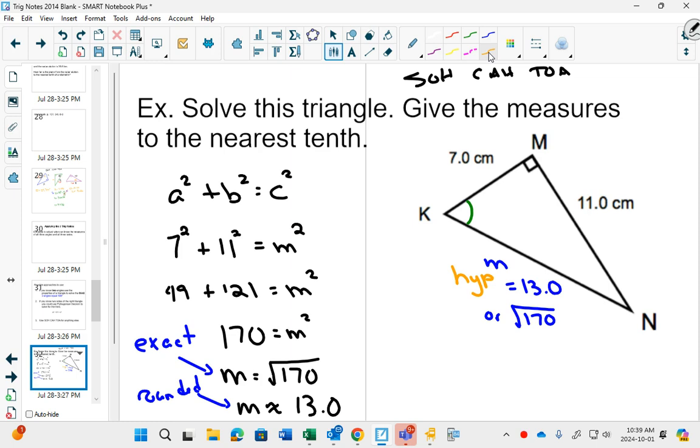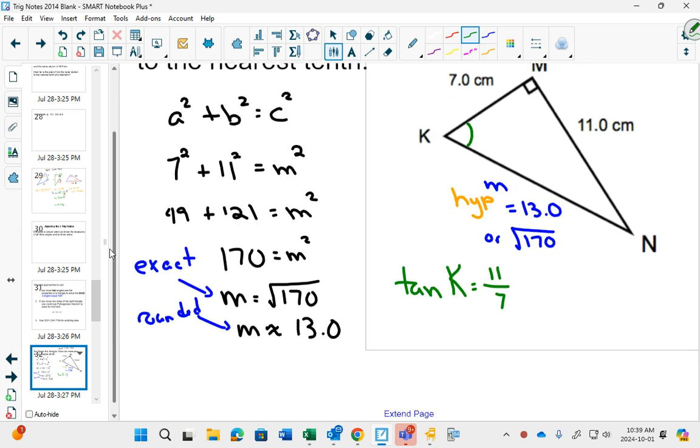And if you use a mistake you used earlier to find something else, your next number is going to be off as well. So I would use tangent for the green one, and I would go tan of angle K is equal to the opposite side, that's the 11 for angle K, and the adjacent is 7. So then I can find angle K by going tan inverse of 11 over 7. So to get rid of the tan, I have to do tan inverse on both sides.